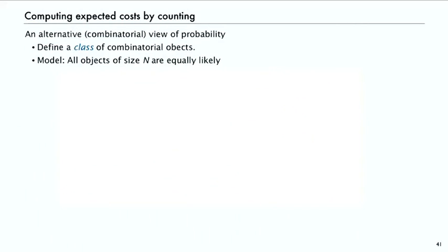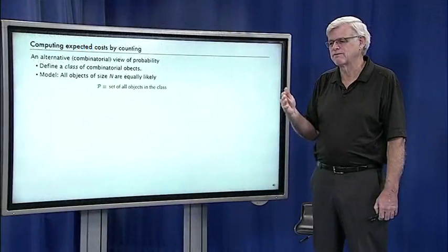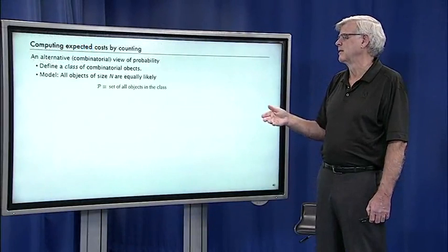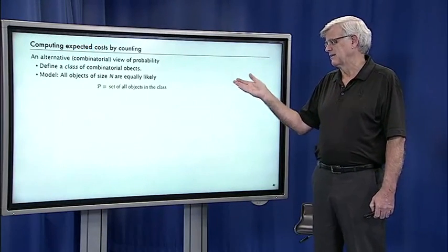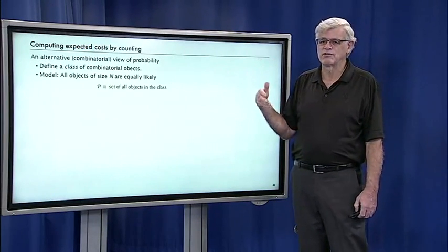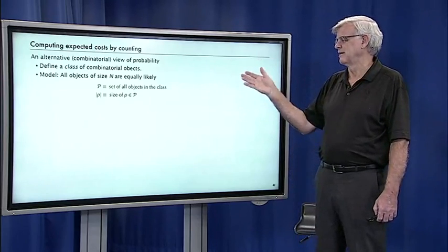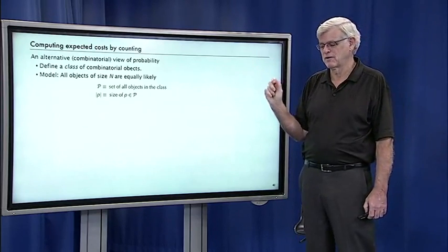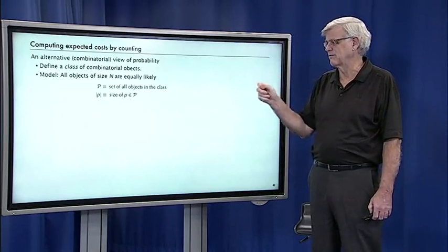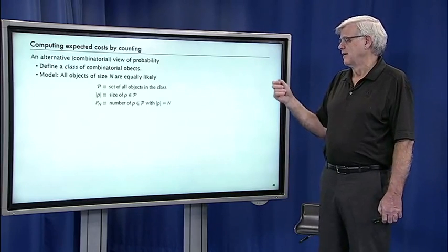Our model is going to be that all objects of each size are equally likely, and that's realistic in a lot of situations. So let's look at how the calculations look when we're trying to find the value of a parameter. Let's say the set of all objects in the class is P, and then we have a size function, which for every object in the class gives a defined size.